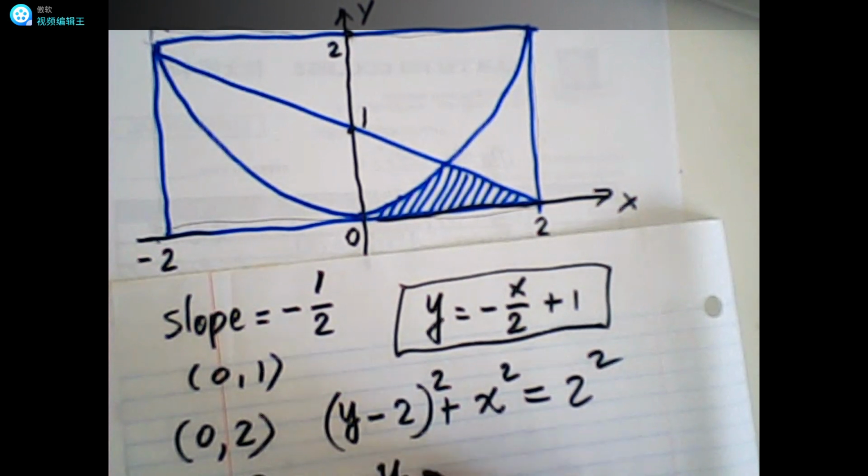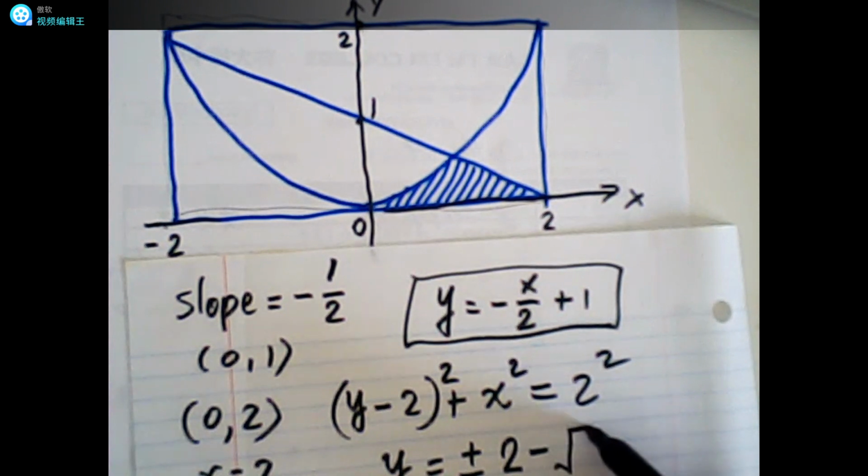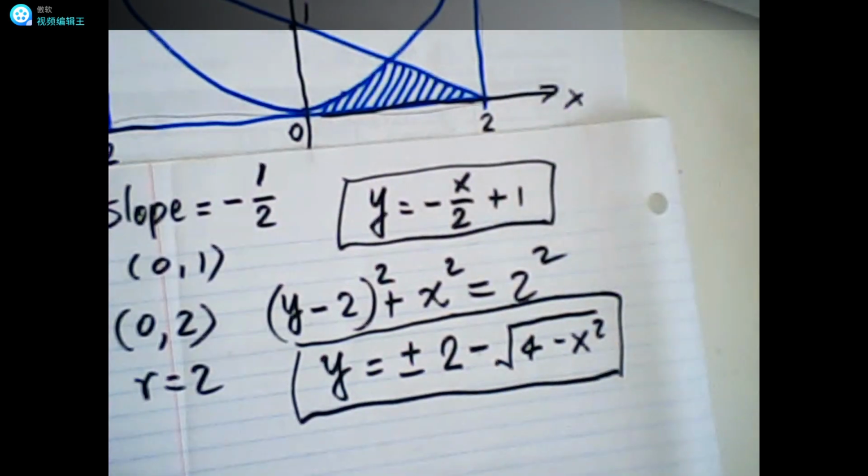So y equals 2 plus or minus the square root of 4 minus x squared. That is my equation for the circle.